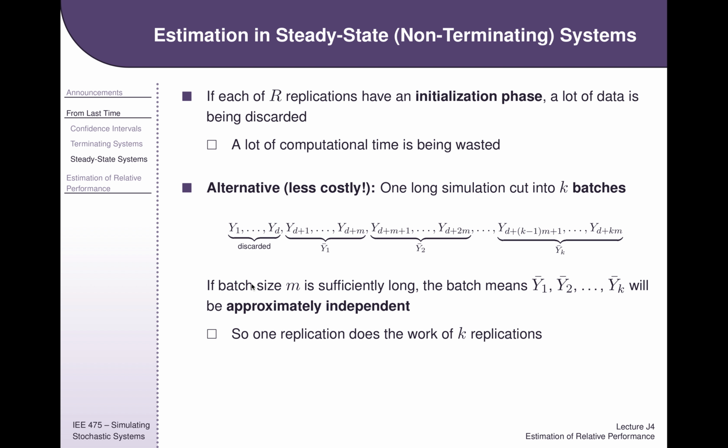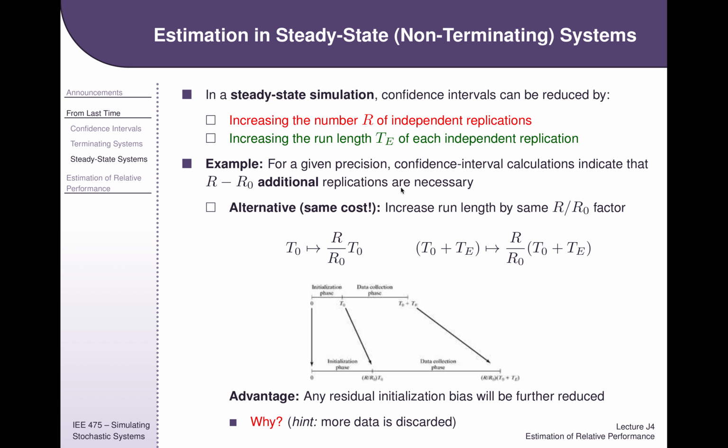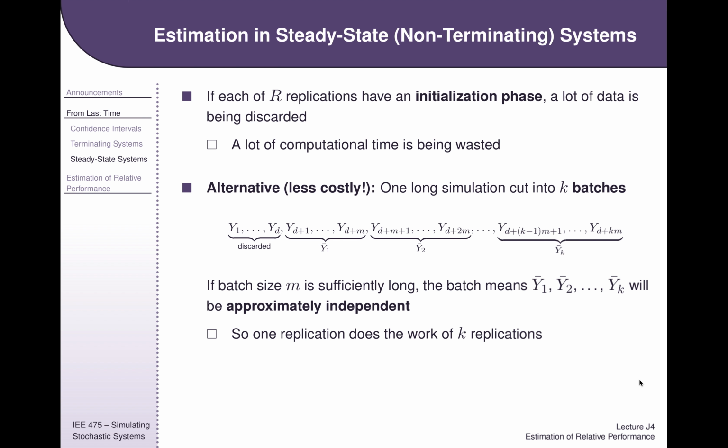So the idea here is that instead of running 25 replications where every single one of those replications has a long initialization phase that may take a long amount of time just to get to the end of the initialization phase, and then you're just going to discard that data, and then you have to do that 24 more times once you finish the end of that replication, and you restart and do a new replication, we would like to somehow be able to run one replication for so long that we only have to discard data once at the beginning of that replication.